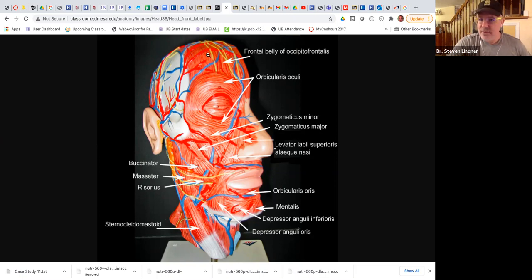On the exam, for simplicity, if you're ever asked this, you don't have to write frontal belly of the occipitofrontalis. You could just say frontalis. Here's the orbicularis. And by the way, the connection between the frontalis and occipitalis is called the epicranial aponeurosis, because an aponeurosis is just a broad, flat tendon.